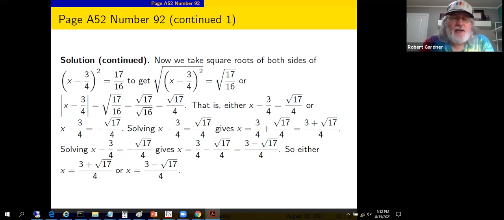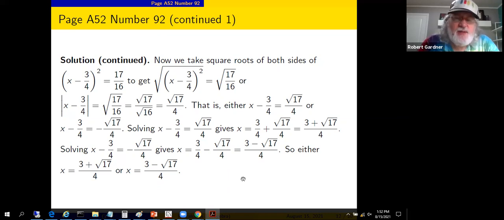And I could express this in a combined way as x is of the form 3 plus or minus the square root of 17 over 4. And that rings a bell related to the quadratic formula. The quadratic formula, which I'm suspecting you've been exposed to before, yields solutions that look like that commonly.